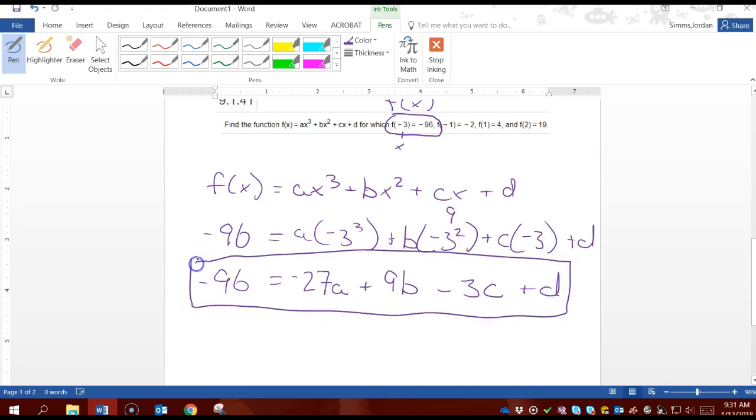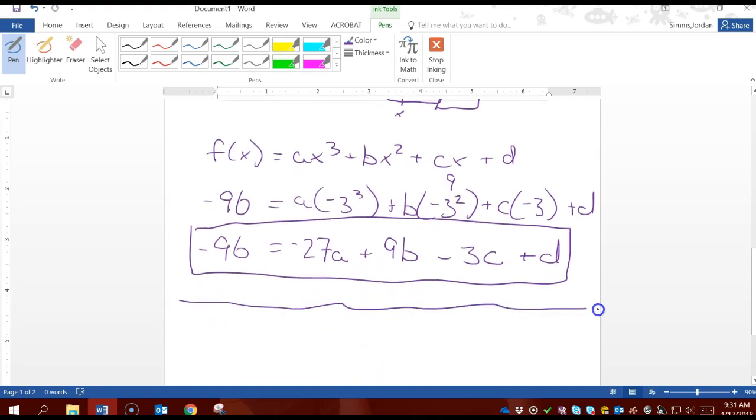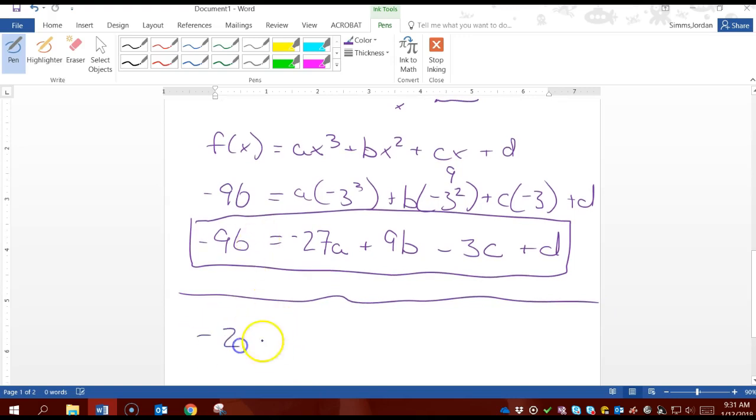So this is a system of equations. We're going to have 4 different equations. I'm going to rinse and repeat this now for this other one. F of negative 1 equals negative 2. Using the same format here, negative 2 is my solution, and I know that x is negative 1. So this is going to be a times negative 1 cubed plus b times negative 1 squared plus c times negative 1.